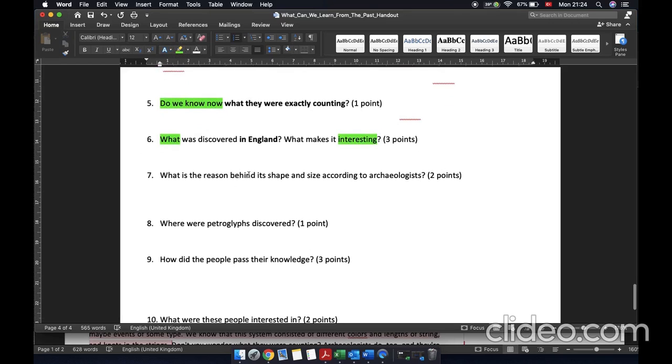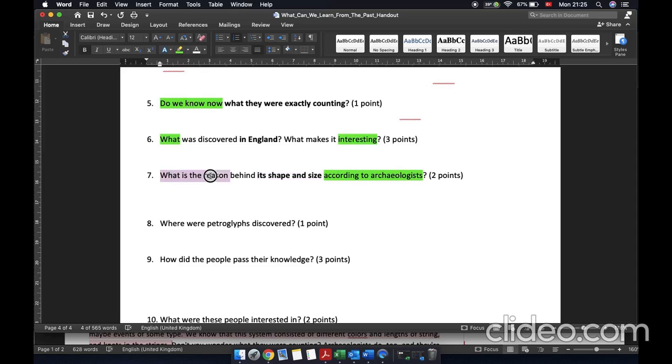So what is the reason behind its shape and size according to archaeologists? So archaeologists make a comment about the discovery's shape and size. So what is the reason behind its shape and size? Why is it in that shape and size?